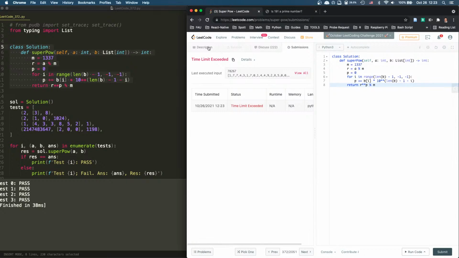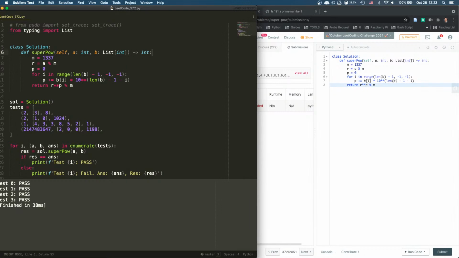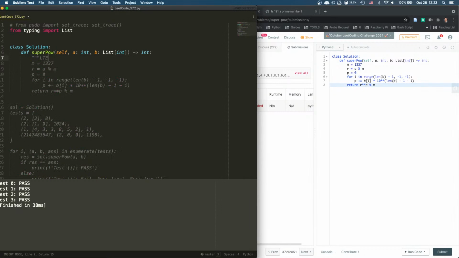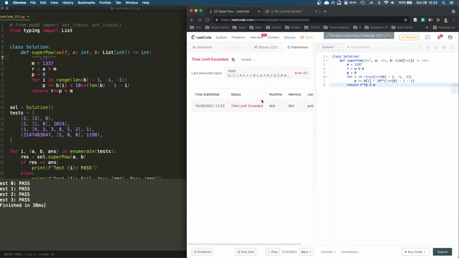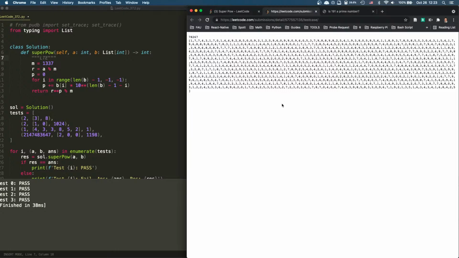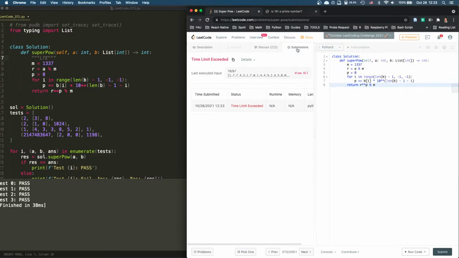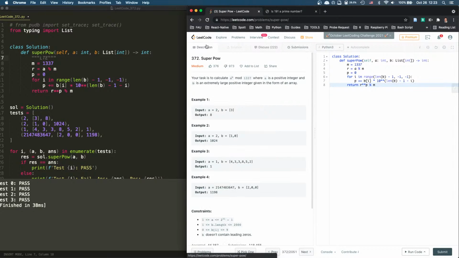So that is the challenge. Oh, this one, TLE. Wait, timeout at what step? The power. The power is too huge. Right, that's 2,000. Oh, it's 2,000. Yeah, of course it's gonna time out.